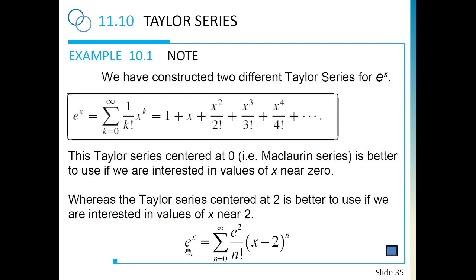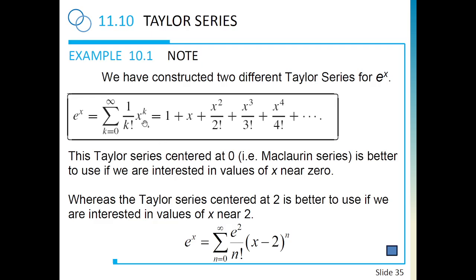Now, why do I need to do this? Well, it is useful to realize, from the graph that we already saw, that the more terms I add, the closer I am. That's true. Now, if I want to get an approximation of exponential at, let's say, 0.5, well, 0.5 is close to 0, which is the center of this series.